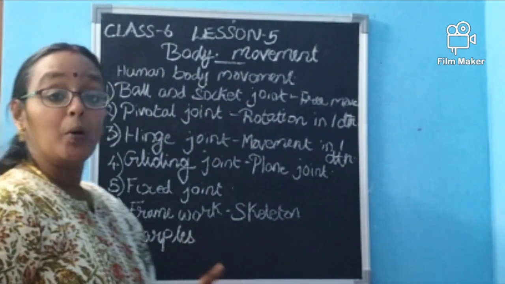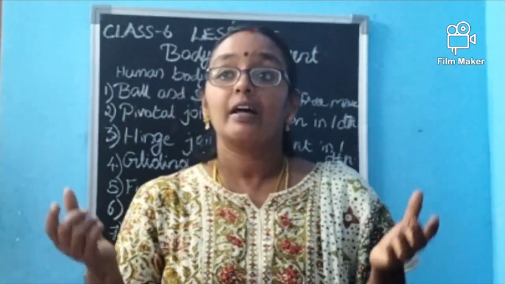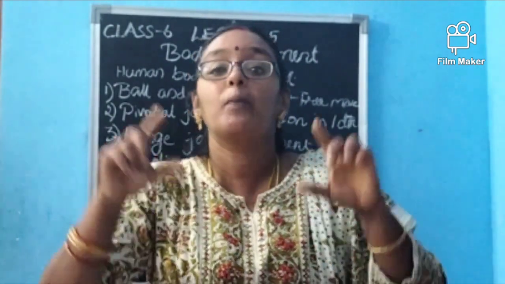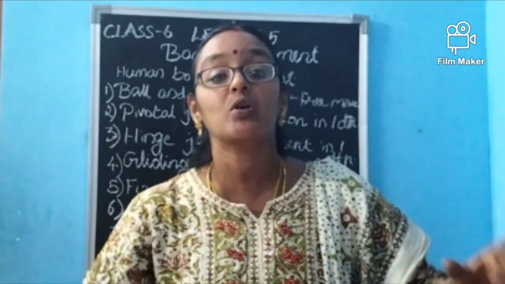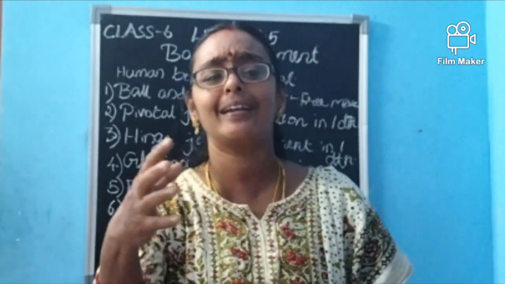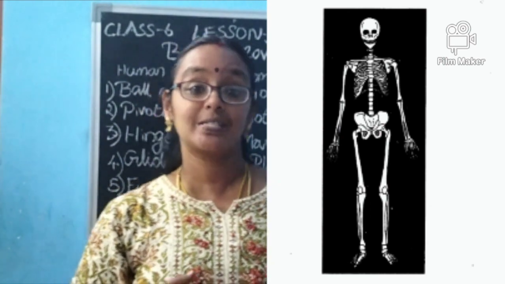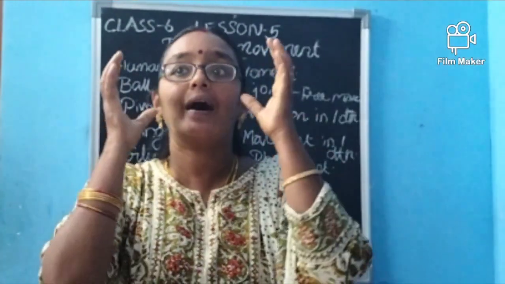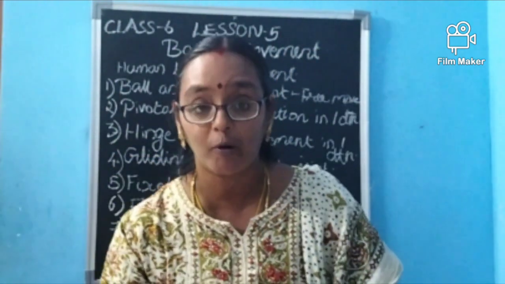Okay, now this skeleton system, consisting of the bones and the joints together, makes a framework called the skeletal system. Have you seen the skeleton before? In your school, they may have shown you, isn't it? All these joints and bones together form what?